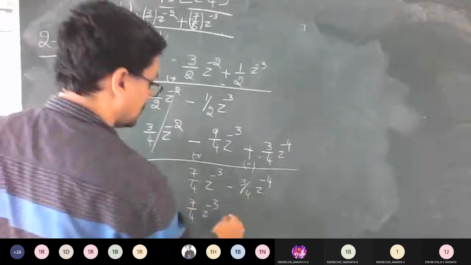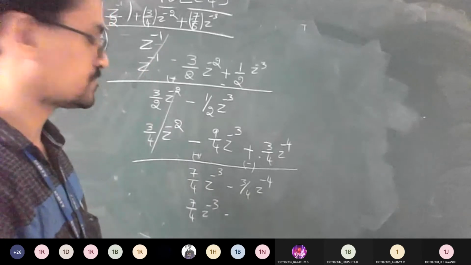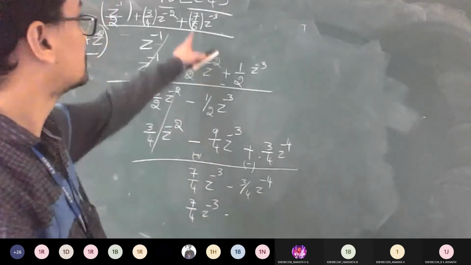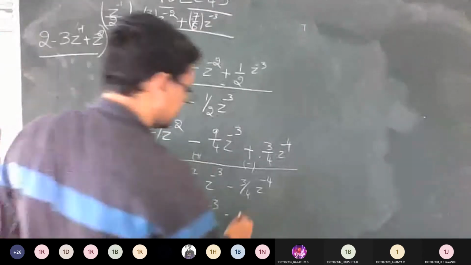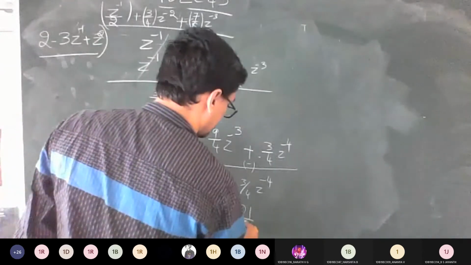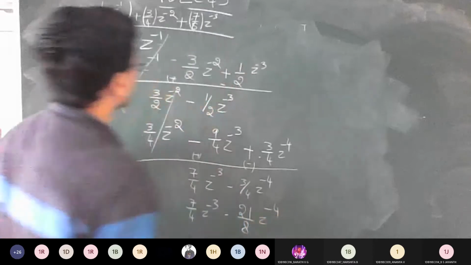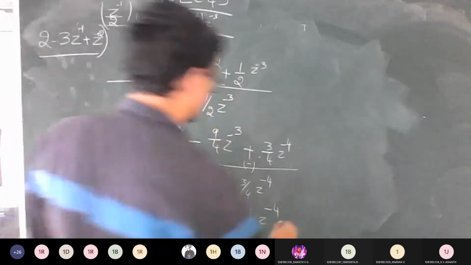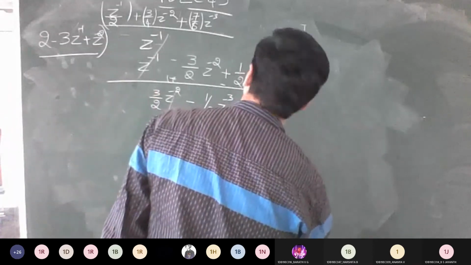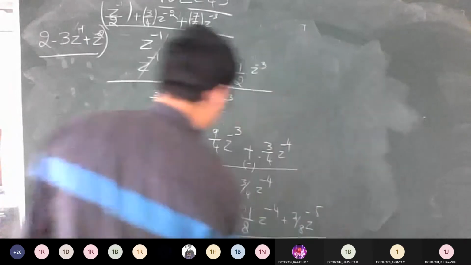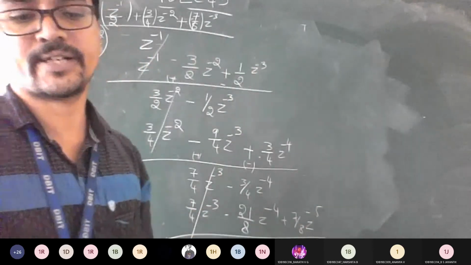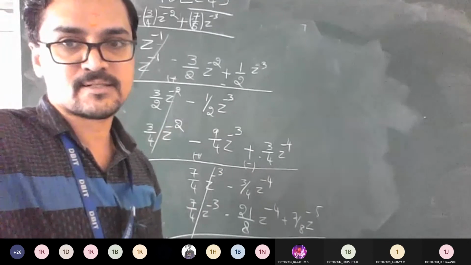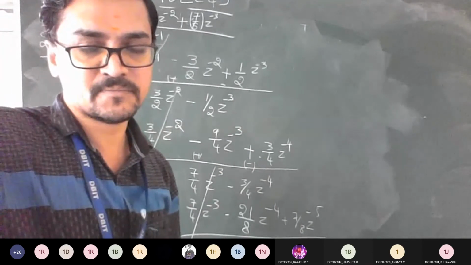Next, what is the next answer? 7 by 8 into 3, it means 21 by 8. Next, plus 7 by 8 z power minus 5. So like this, we can continue for 2 more values and we can end the sequence. Is it okay, guys? Till here, everyone?